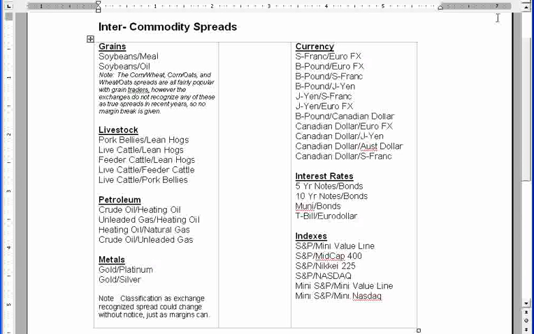Or you're looking at competing meats, live cattle beef versus lean hogs pork, live cattle beef versus pork bellies or bacon. Those feeder cattle are eventually, bam, going to be a burger. Let's put some bacon on that burger. That kind of keeps them all together. They're all obviously related, maybe not terribly closely, but they are related.